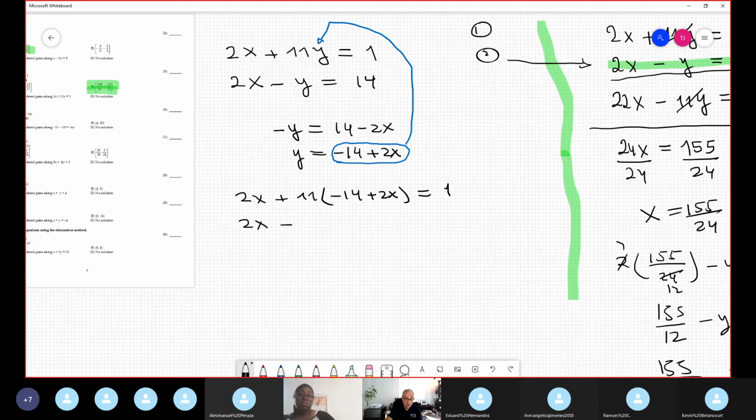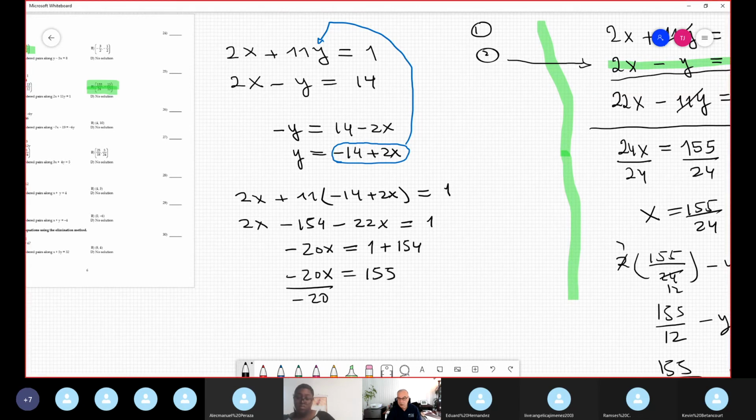So we did that several times. 11 times 14 is 154, and negative 154 minus 22, no? 22x positive equal 1. Okay, now we combine. So 2 and 22 is 20. 20x. On the right hand side we have 1 plus 154. And minus 20x is equal to 155.